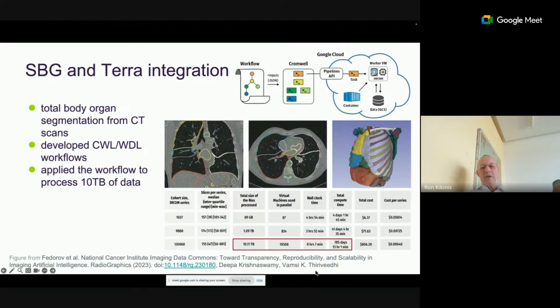And the cost, and this was of course optimized. This was not one guy woke up one day and said, let's do it today. There was a lot of careful engineering involved to do this, but it took a little bit over 8 hours, and the cost was in the range of about $800 to $1,200 for the segmentation of 120,000 CT scans.